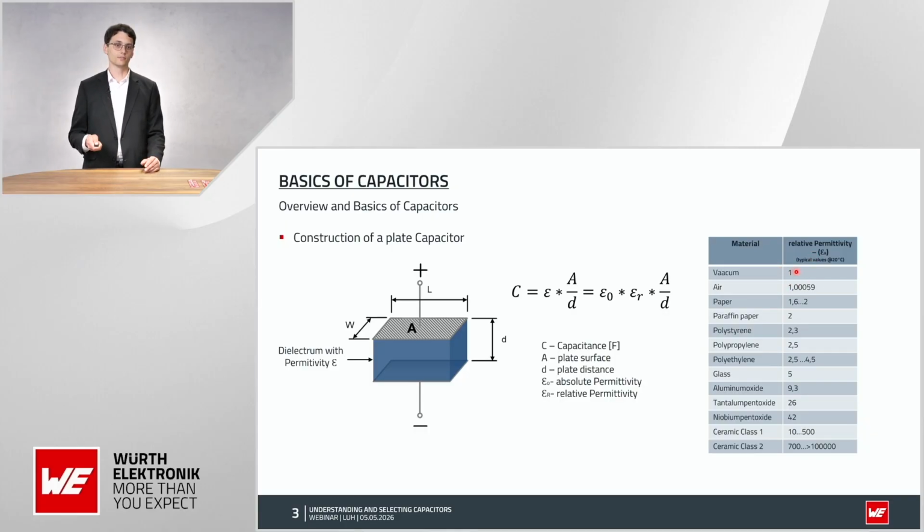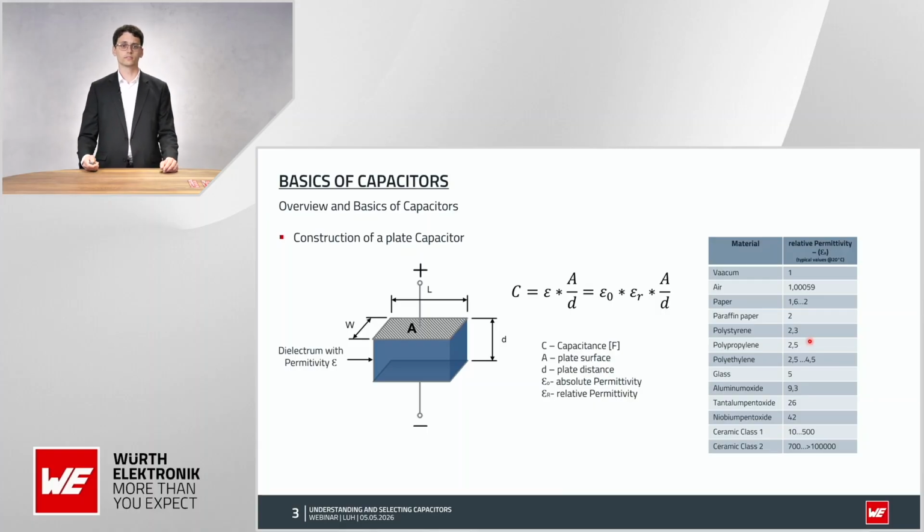So for example, if we speak about vacuum, the epsilon r is a factor of 1. But if we compare it with polypropylene, for example, you see the factor is 2.5. We use polypropylene especially for our film capacitors. So you can see that you can get more capacitance with polypropylene if you compare it, for example, to vacuum or to air.